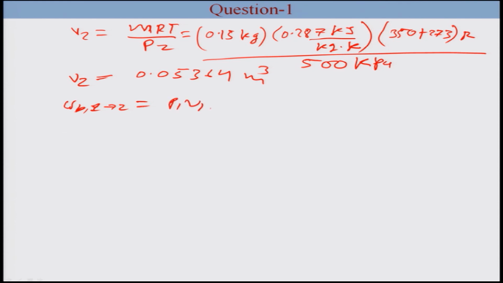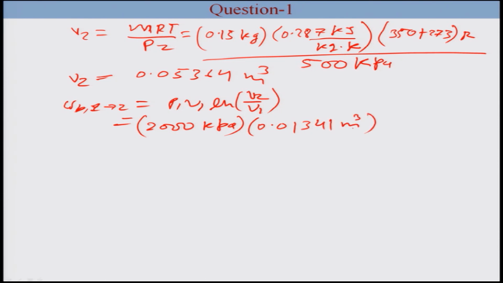Now putting these values in the work expression, P1 V1 ln of V2 upon V1. P1 is 2000 kilopascal, V1 is 0.01341 meter cube, ln of 0.05364 meter cube upon 0.01341.